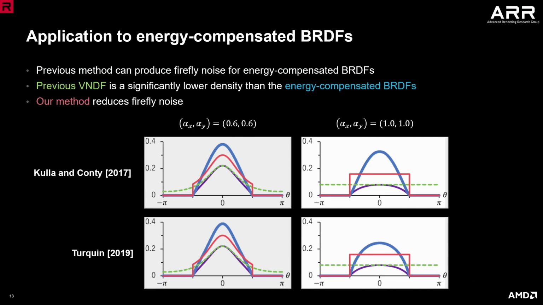In this figure, the blue line shows the shape of the energy compensated BRDF, the green line shows the PDF of the previous method, and the red line is our PDF. As you can see in the figure, our method has higher density samples than the previous method. Therefore, our method reduces the firefly noise caused by multiple scattering approximations for rough surfaces.